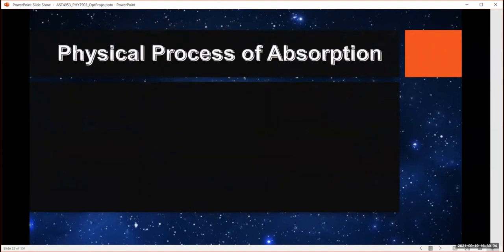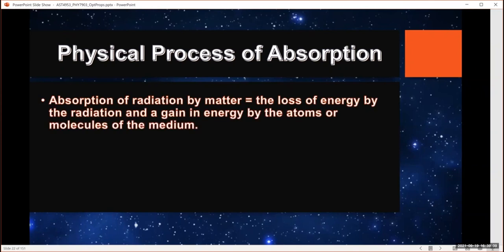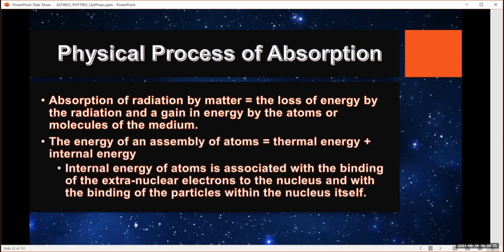So what's going on when light is being absorbed by a solid? You can think of this as there being a loss of energy from the radiation and a gain of energy to the atoms or molecules in the material. So the light is being lost to the material, and that means that the energy in the material is going up.